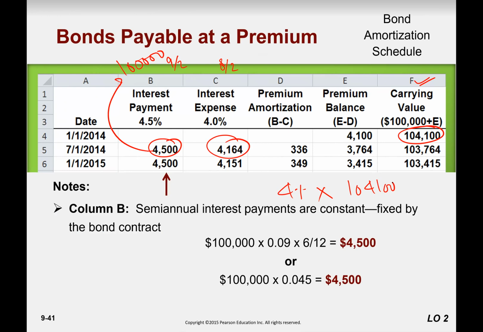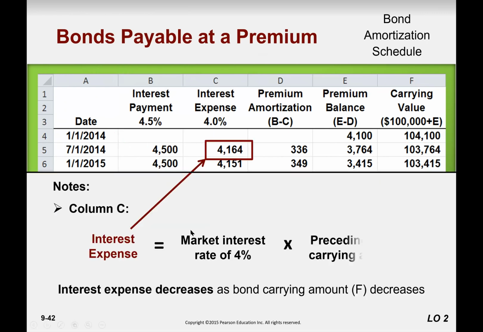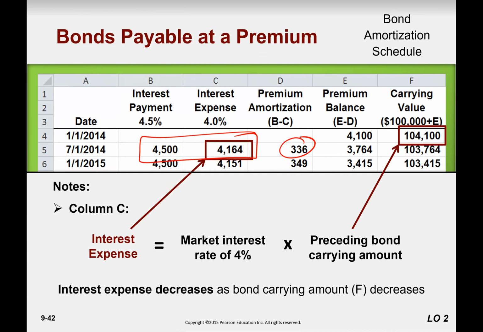This 4,500 came from 100,000 multiplied by 4.5%, which is 4,500. Right? Here we go. So the difference is called the premium amortized. So this is 336.